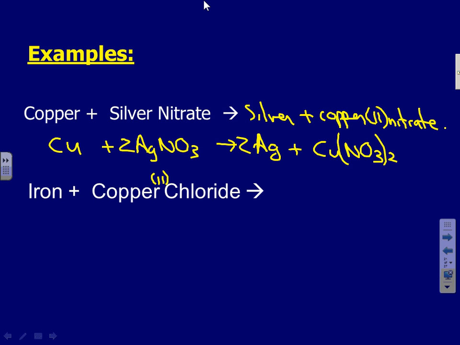It'll kick out copper. So copper is going to be by itself. What's going to be left? What's the other product, Aaliyah? Iron chloride.